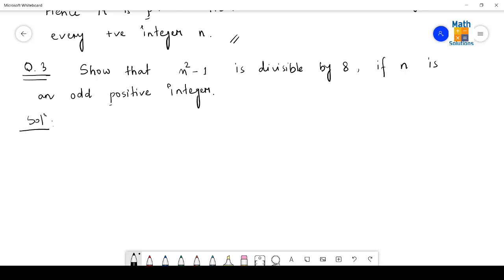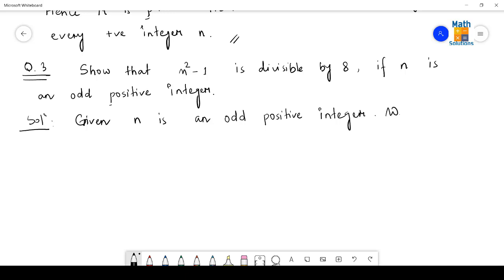So given, we shall be writing here, given n is an odd positive integer.